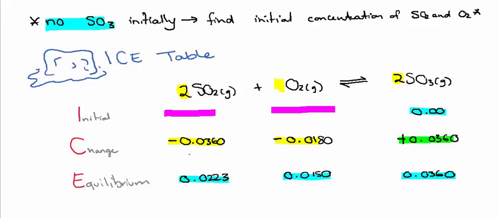So we do our 0.0223 plus 0.0360, and we end up with 0.0583. Same over here, our 0.0150, add 0.0180, and we end up with 0.0330. So now we've calculated our initial concentrations of the sulfur dioxide and oxygen.